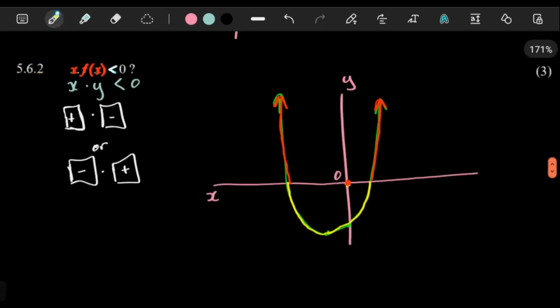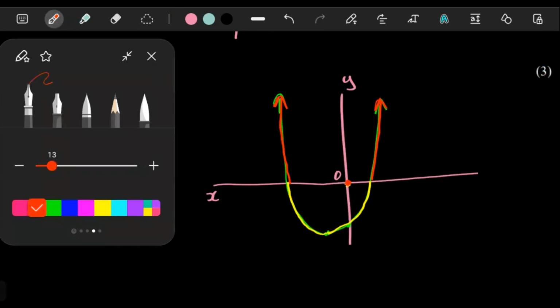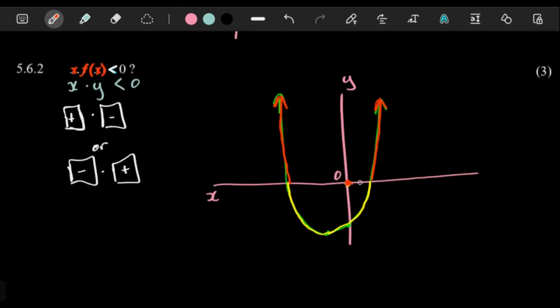Now, if you look nicely, this part here, you have positive x values, and then to the left, you have negative x values. So the red is representing positive y values and positive x values. The yellow is representing negative x values and negative y values.